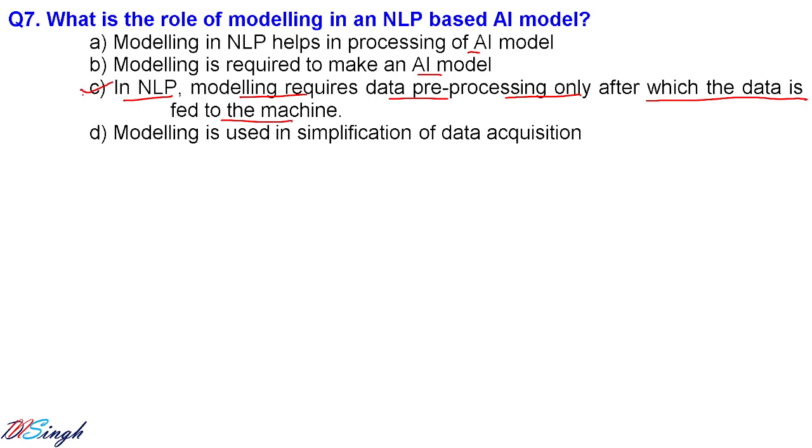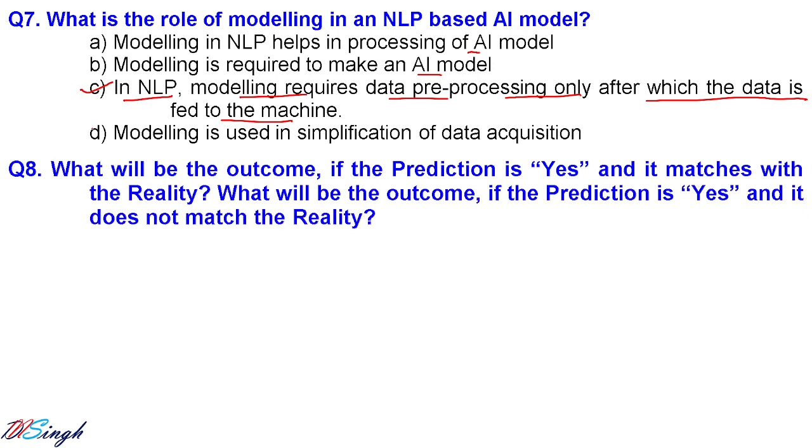Because we need to normalize the data before giving it to the machine. In normalization, like you have already studied the steps of stop word removal, stemming, lemmatization, or you can say sentence segmentation. So all that process happens inside pre-processing, which is required before feeding natural language data to the machine. Let us go for question number 8.